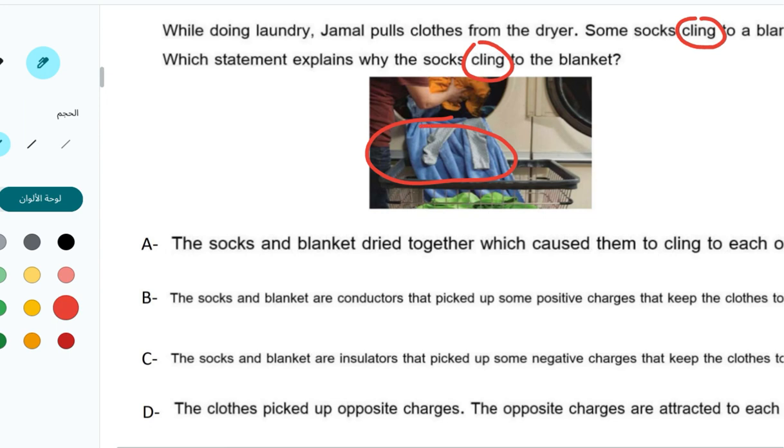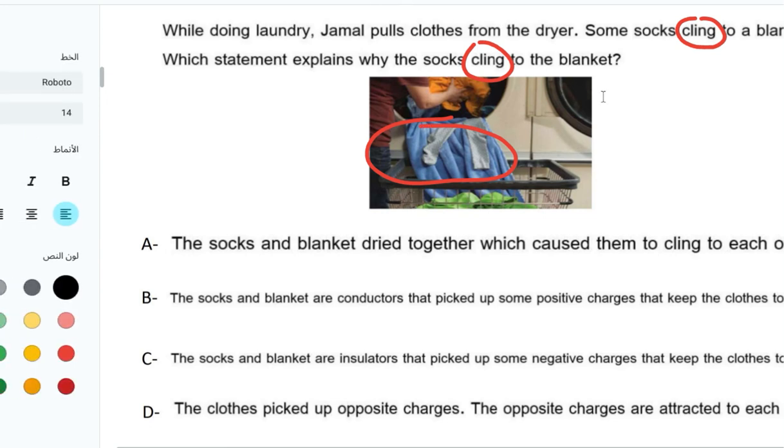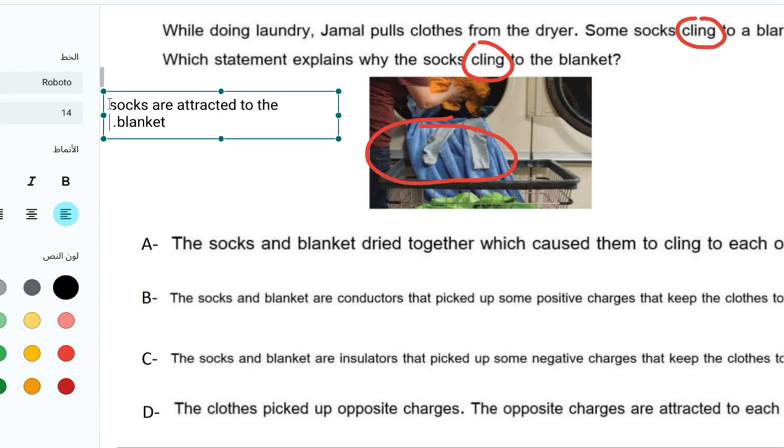Oh, I know what cling must mean. Cling must have something to do with attraction. So let's rewrite the question a little bit. Socks are attracted to the blanket.